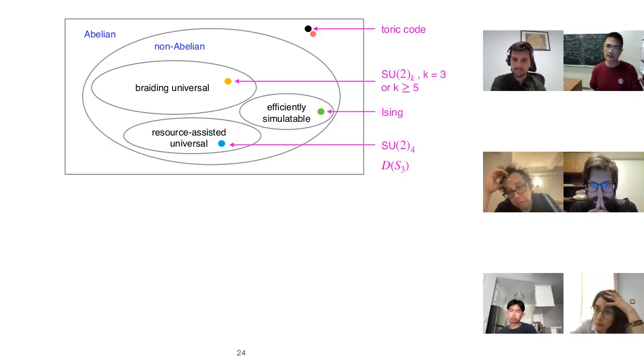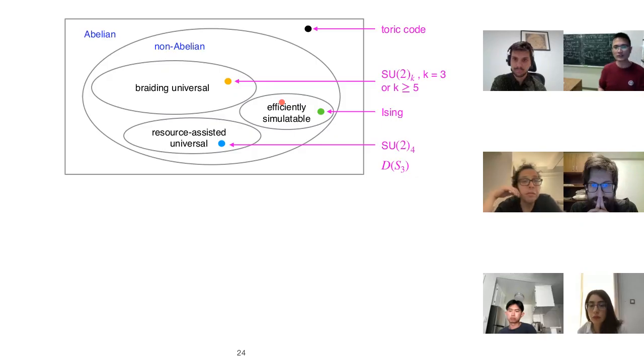All right, we know that SU2 level K for most values of K is braiding universal. So that's as best as you can hope. But on the other extreme, the Ising anyon, we know or expect that it is efficiently simulatable on a classical computer, so it doesn't have any quantum advantage. But in between these two classes, we have this resource-assisted universality, such as SU2 level 4.